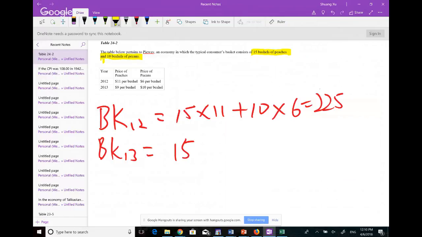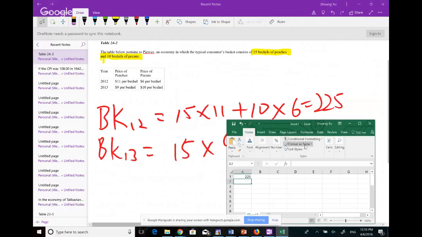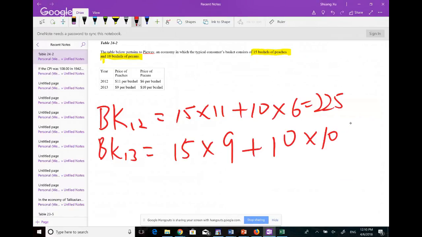So we're going to do 15 times 9, that's the price for peach, plus 10, the quantity for pecan, times the price for pecan, which is 10. Equals 15 times 9 plus 10 times 10. It'll be 235. So that's the basket value for each year.